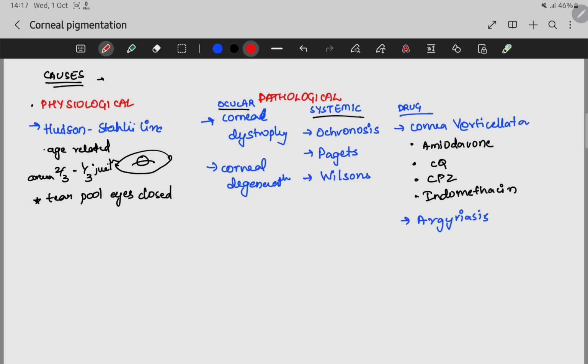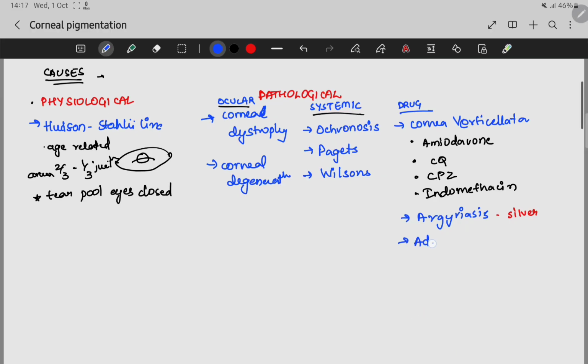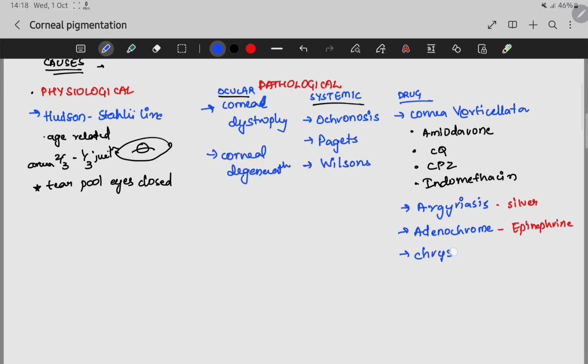Then we have argyrosis, that is silver deposition. Then we have adrenochrome. So it is seen with the use of epinephrine and its related compounds chronically.